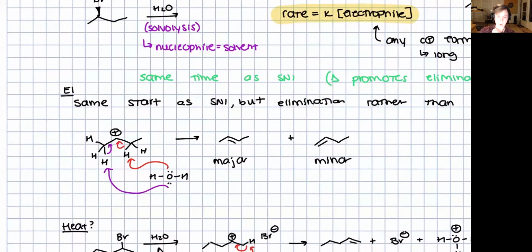And so what happens is the water is used to deprotonate, or steal off, one of the hydrogens. And the sigma electrons are basically going to be used to form the pi bond. That's because where we're at now, this carbon right here is electron deficient.